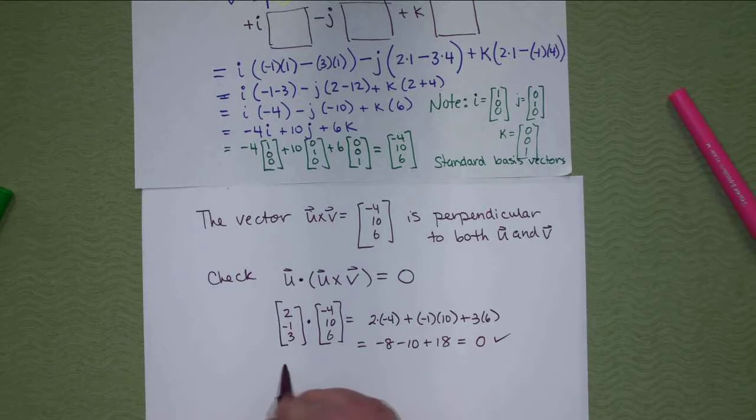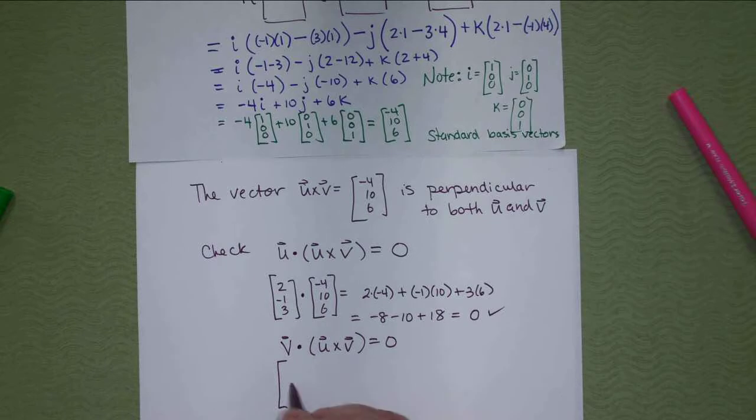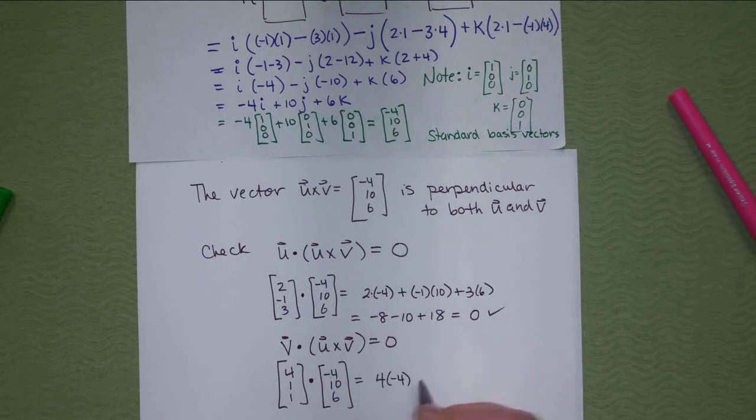And then the same thing, v dot u cross v will also be equal to 0. And remember, the dot product is a scalar, so you get just a number.